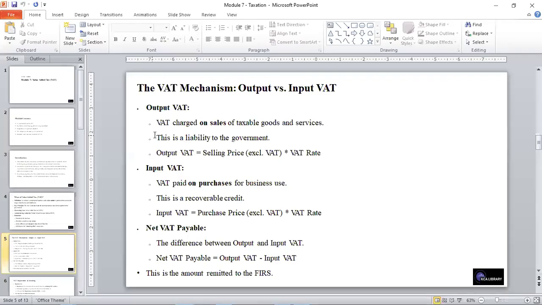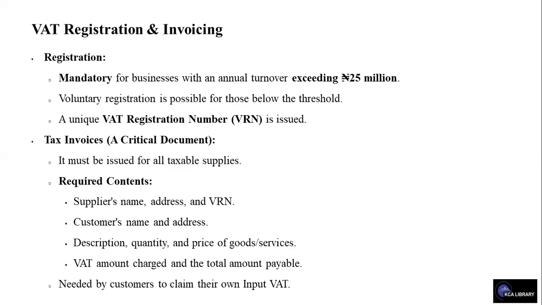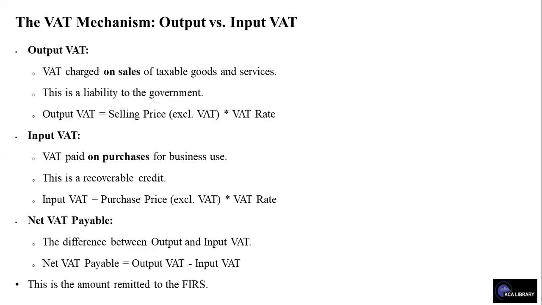the VAT mechanism, which is the output versus the input tax mechanism. When we talk about the output tax, it's VAT charged on sales of taxable goods and services, and this is a liability to the government. To calculate the output tax, it's the selling price excluding VAT multiplied by the VAT rate.